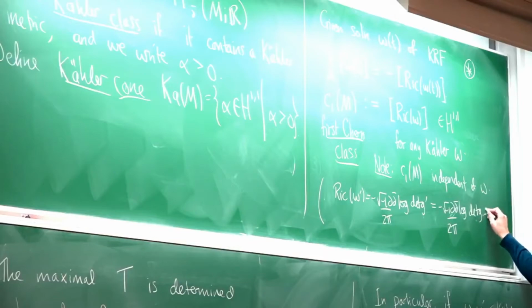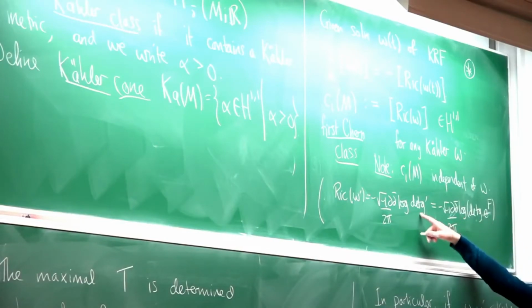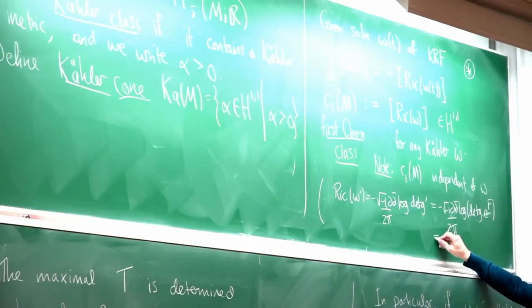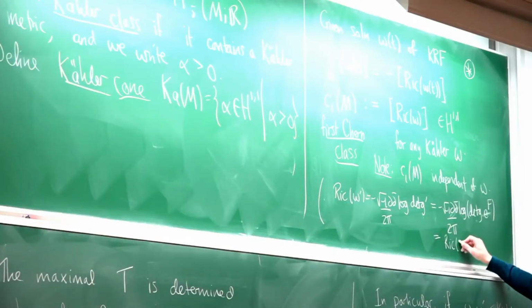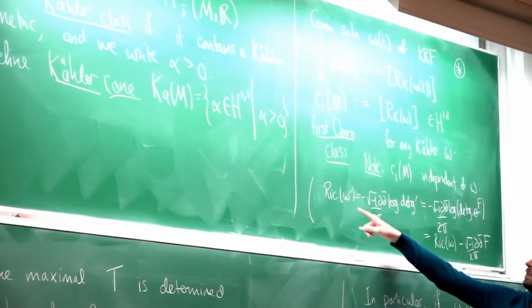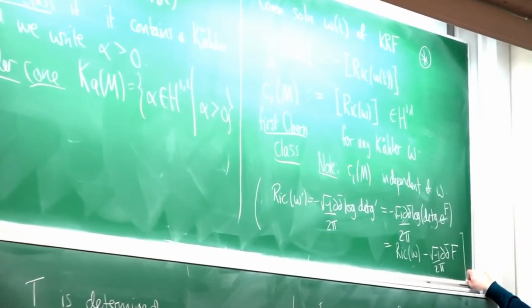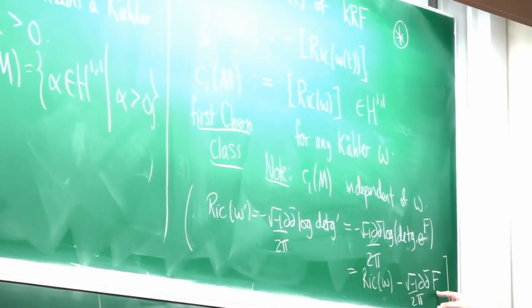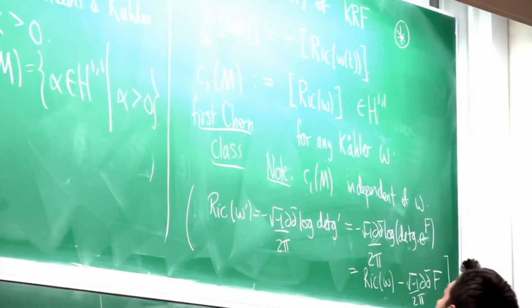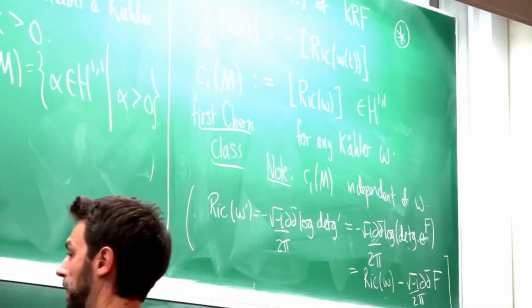So the difference is some e to the f, for some function f, which is defined to be this determinant divided by this. And then this is just the Ricci of omega minus dd bar f, again divided by 2 pi. And so that tells me that they differ by something dd bar exact, so they're in the same cohomology class.